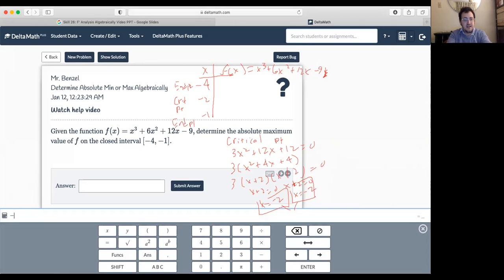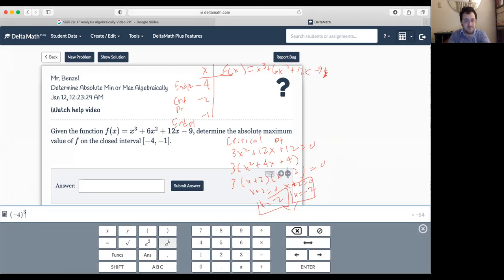So I'm going to try plugging in -4 first. So I'm going to go -4 to the third plus 6 times -4 squared plus 12 times -4 minus 9. And I get -25.